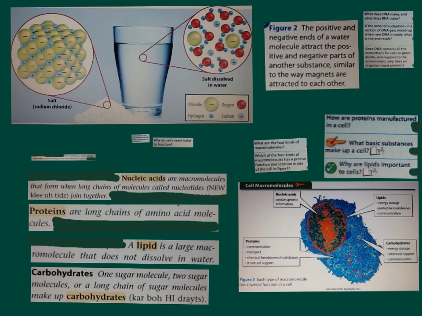So knowing that a negative attracts a positive and a positive attracts a negative, if I were to give you this question: which part of the salt crystal is attracted to the oxygen in the water molecule, knowing that the chloride is a negative and that the oxygen is a negative, the hydrogen is a positive, and the sodium is a positive, which part of the sodium chloride or the salt crystal would be attracted to the water oxygen molecule?